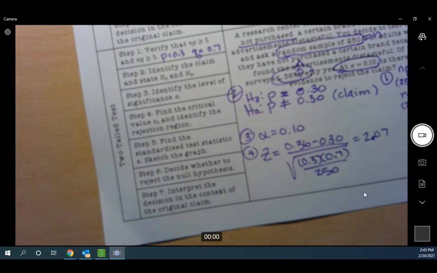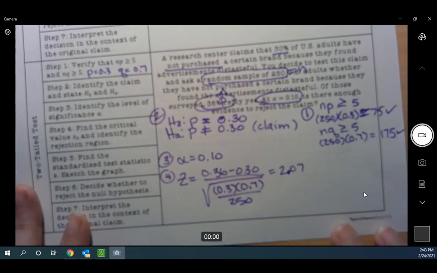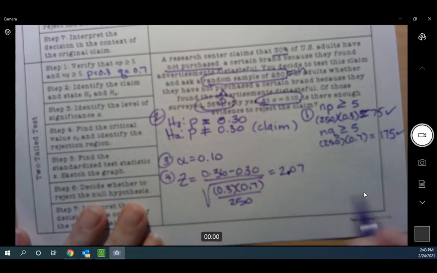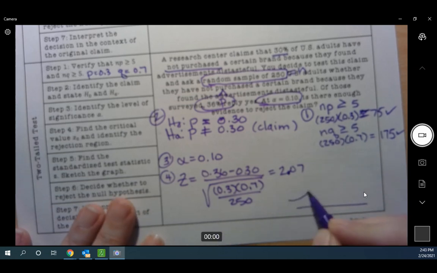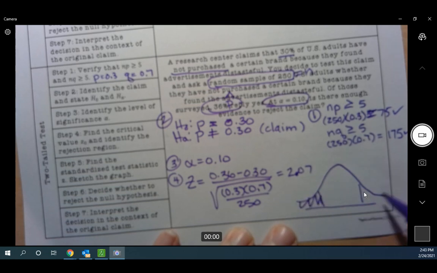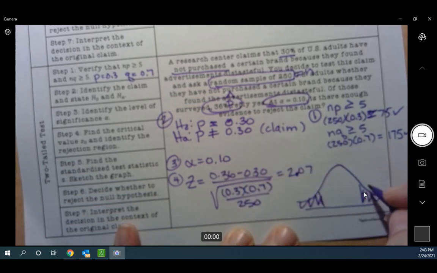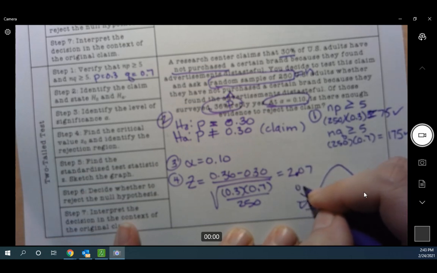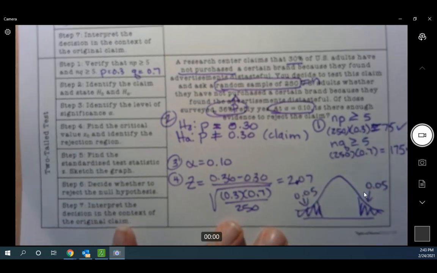I'm sorry, I forgot something. Is this a one-tailed or two-tailed? Two-tailed. So you somewhere should have here showing the two-tailed. And remember that 0.10 has been divided in half.